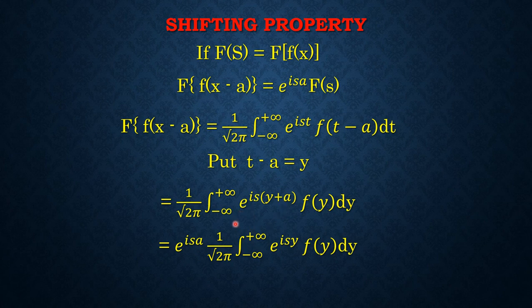Now we take the constant outside the integral, that is e to the power isa into 1 by root 2 pi integration minus infinity to plus infinity e to the power isy f(y) dy, and this is F(s), that is e to the power isa F(s). Thus we see that the Fourier transform of f(x minus a) is equal to e to the power isa F(s).